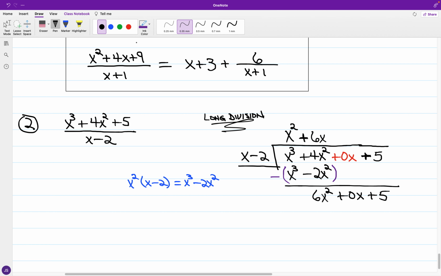So this will be 6x. So you have 6x times the quantity of x minus 2. So you have 6x squared minus 12x.